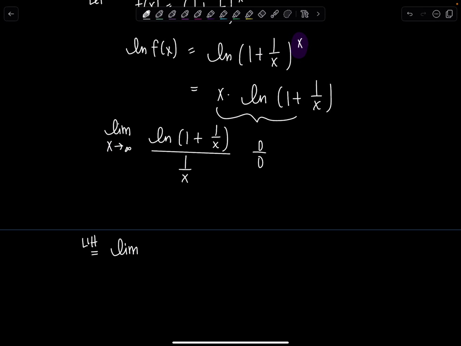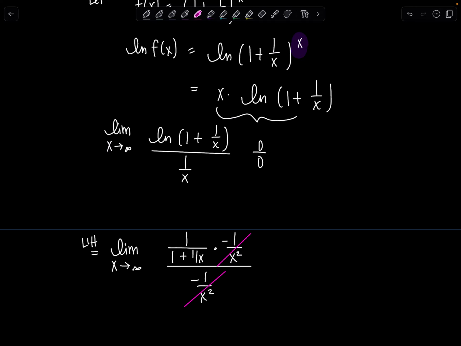So then we have the limit as x approaches infinity. The derivative of the numerator is going to be 1 over 1 plus 1 over x. Then we have to do the chain rule, so the derivative of 1 plus 1 over x is negative 1 over x squared. The derivative of the denominator will be the same. Lucky for us, these just cancel out.